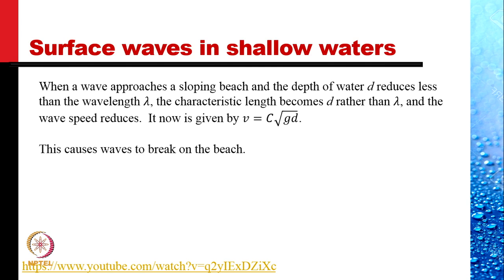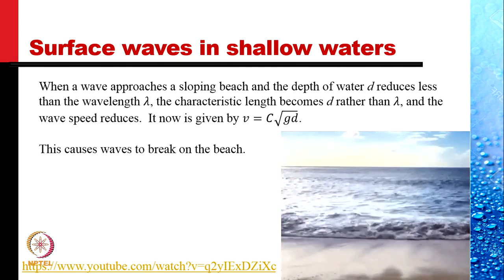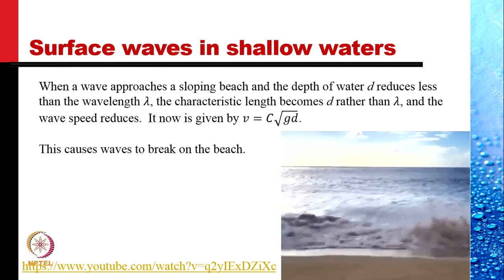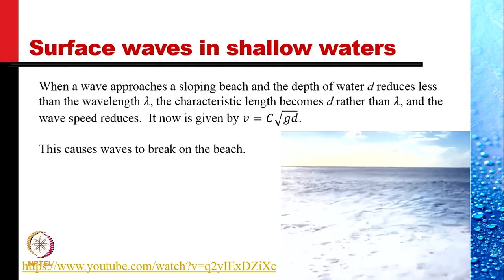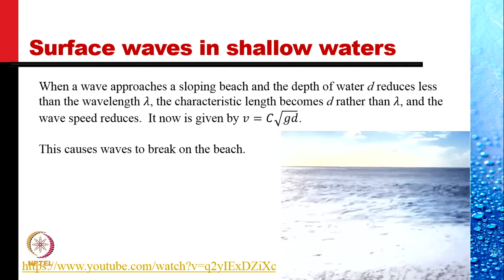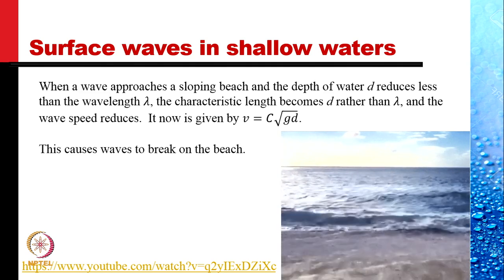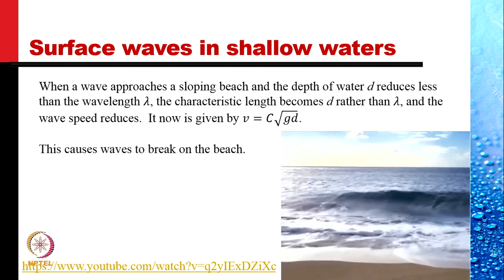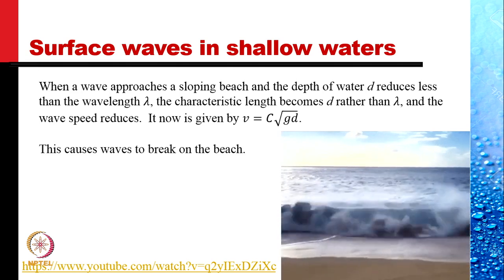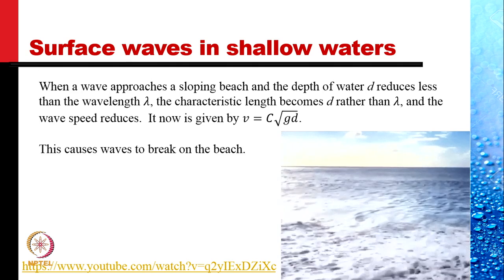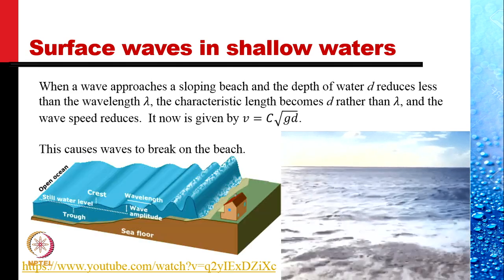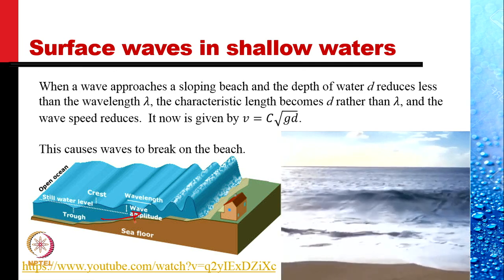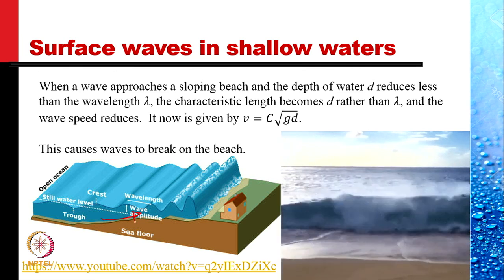This is interesting. You see here in this GIF, the waves are approaching the beach towards us. The water rises, the waves rise when they approach the beach. And this is happening because the friction at the bottom of the beach slows down the waves.